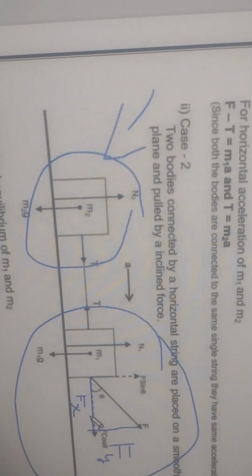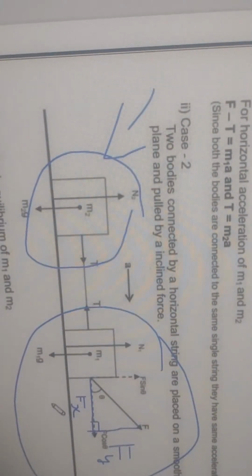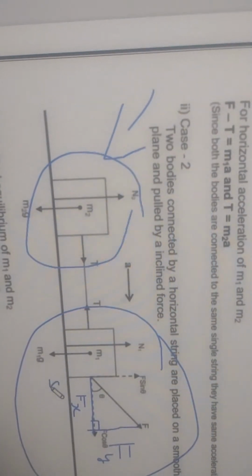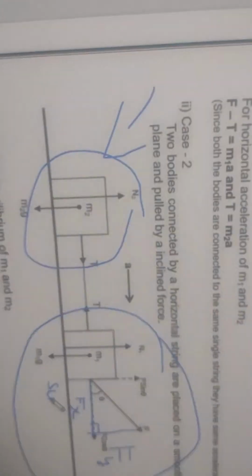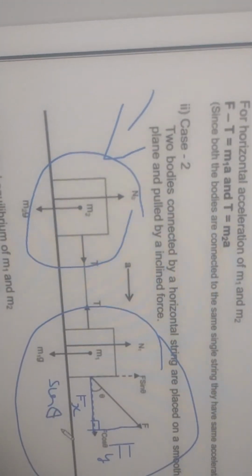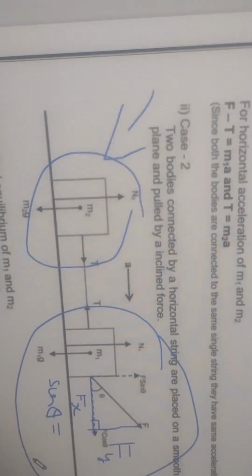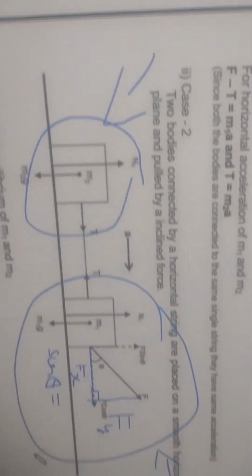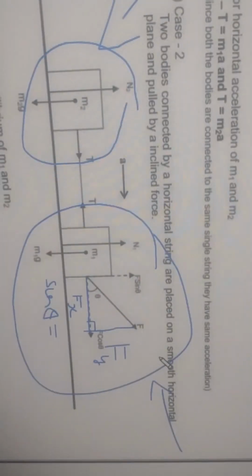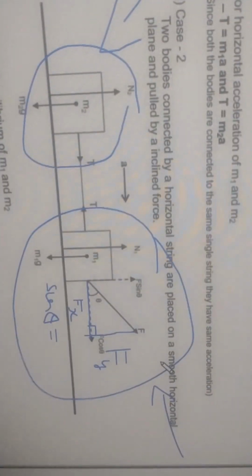What is the sine theta value here? Sine theta is equal to p by h. So what is p by h? Perpendicular is F of y.